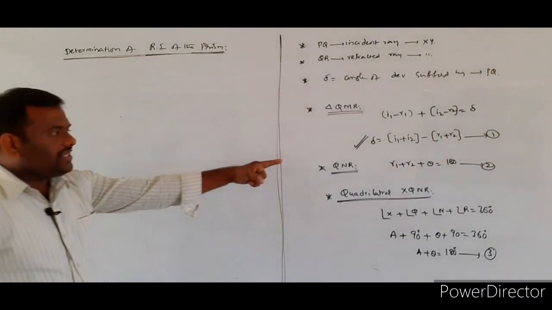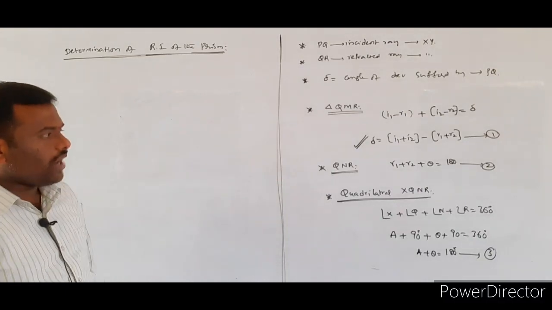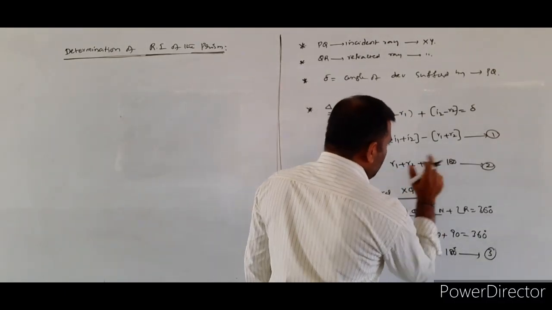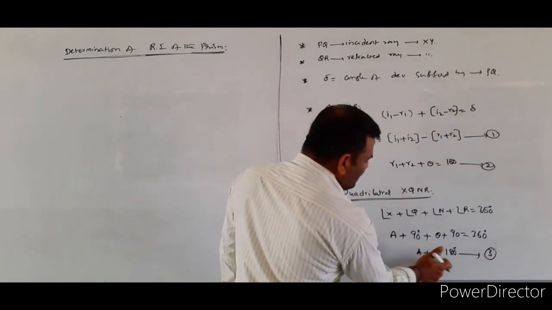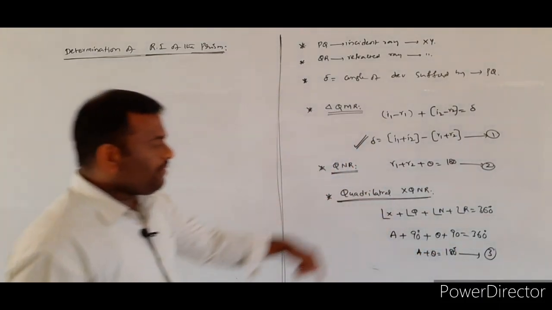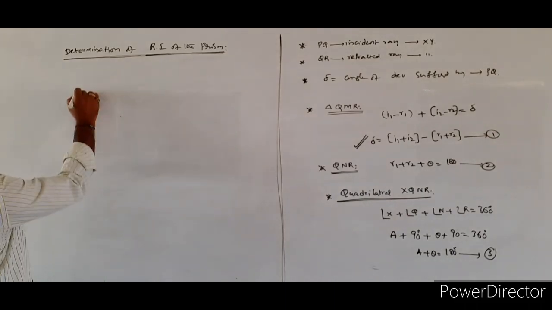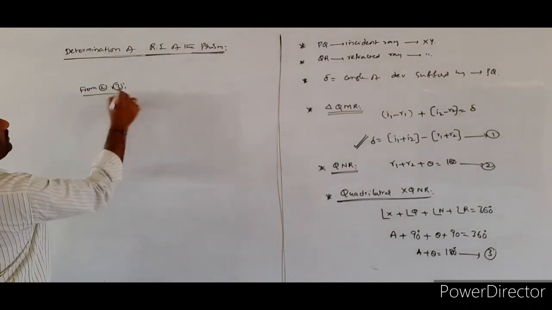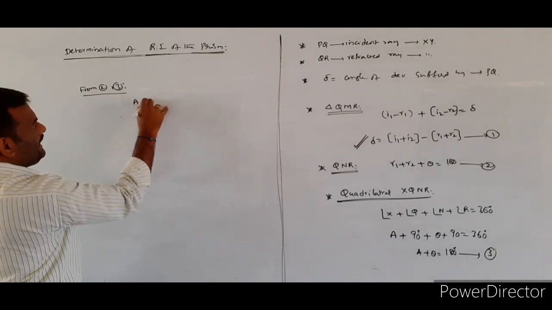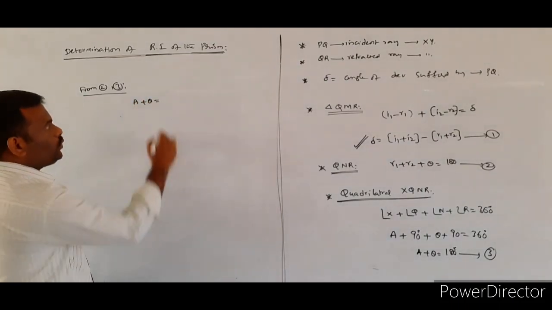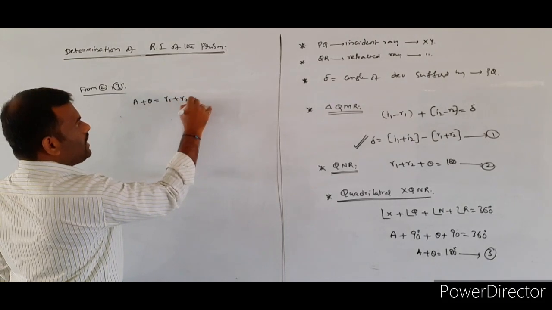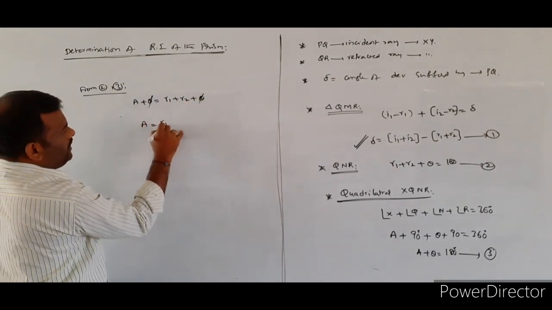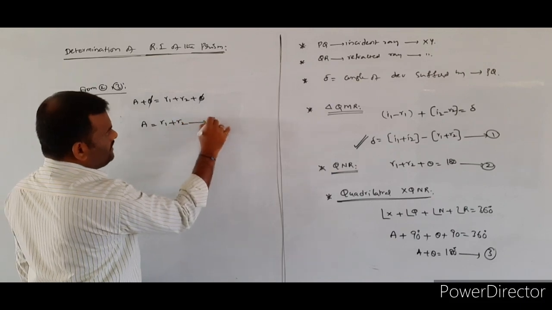From 2 and 3, I will write A plus theta is equal to R1 plus R2 plus theta. Theta will get cancelled, so A is equal to R1 plus R2.